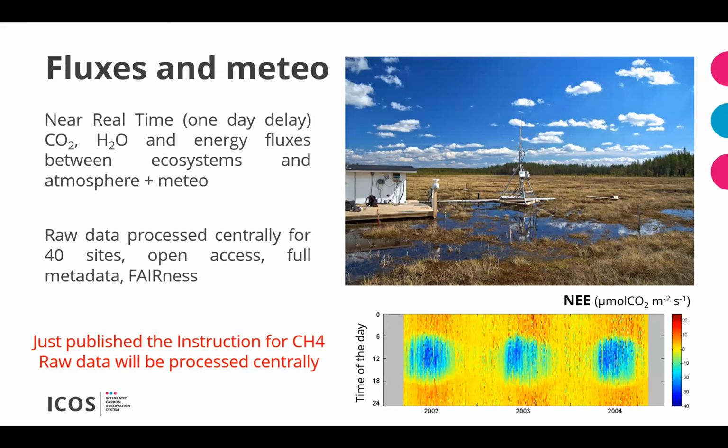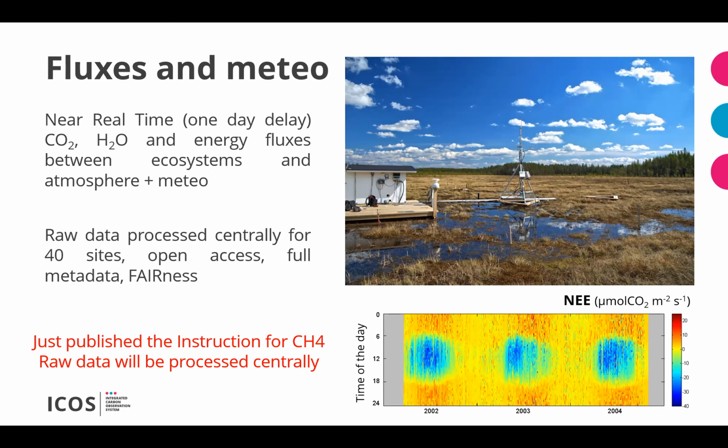Interesting for this workshop is that we just released something that has been a community development, which is the protocol for the methane and N2O fluxes. So now the class 1 and class 2 stations are starting to equip themselves following this protocol for the raw data collection of methane and N2O, which will also be processed centrally.